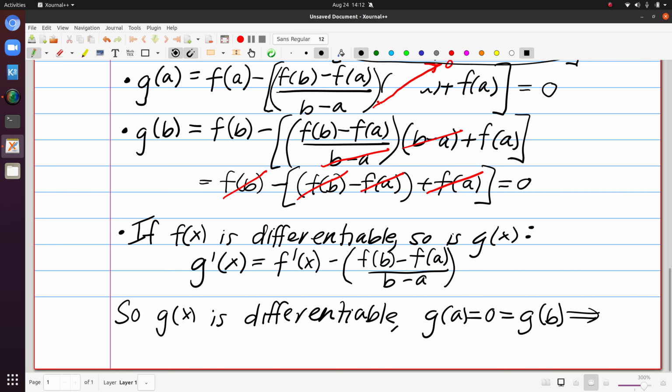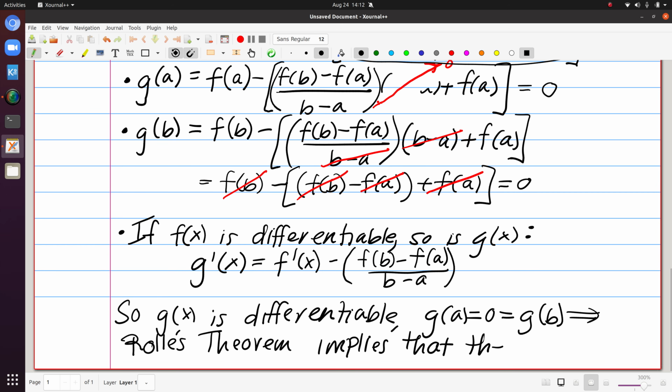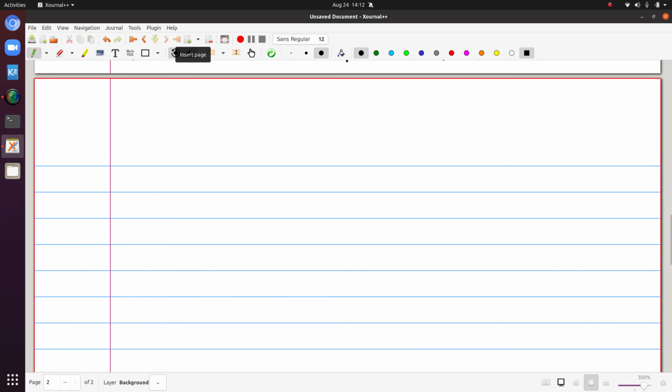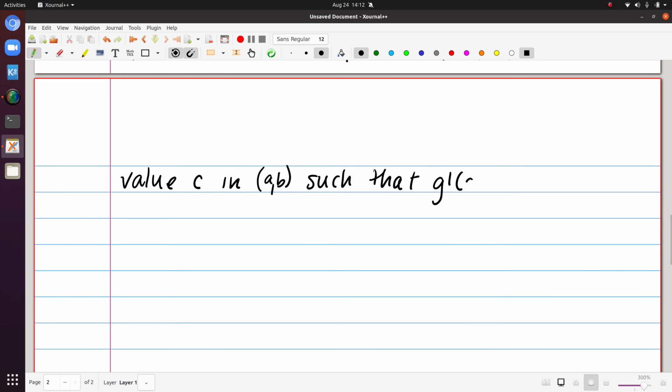So Rolle's theorem implies that there is some value c, and c has to be in our interval from a to b, such that g prime of c is equal to 0. So again, that's just the direct statement of Rolle's theorem.